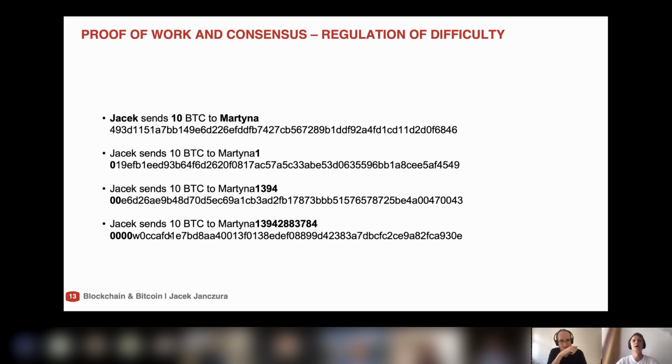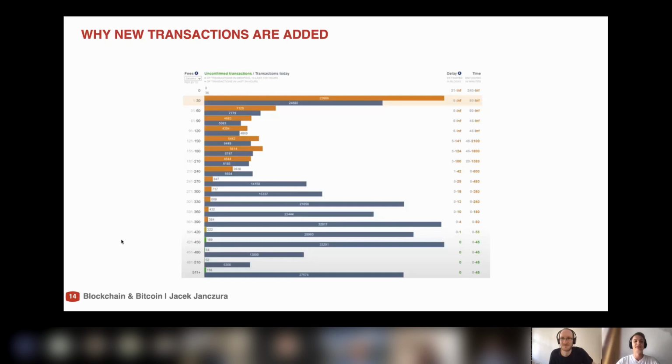The network wants to keep complexity at about 10 minutes per block, which means that with the current computational power in the network, new blocks should be added every 10 minutes. And the network is regulating the complexity of the puzzle. Okay, it got a bit more complicated, but you've got the main idea.